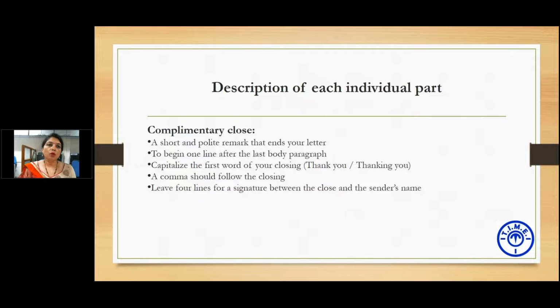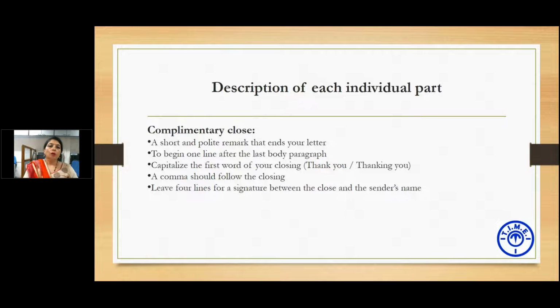Then we come to the complementary clause. Now, 2 paragraphs of body finish the message or complete the information that you need to convey, and then you look at ending your letter. A complementary clause is a short and polite remark that ends your letter. And again, it has to begin one line after the last body paragraph.